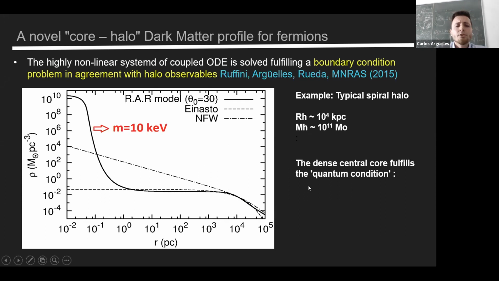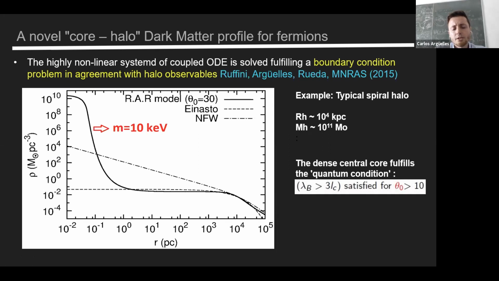But the important question here is what is the role of this high density concentration of fermions? First of all, it's important to say that this satisfies the quantum condition, which can be checked for all solutions with degeneracy larger than 10, where the thermal de Broglie wavelength is larger than 3 times the interparticle mean distance, satisfying the so-called quantum condition.